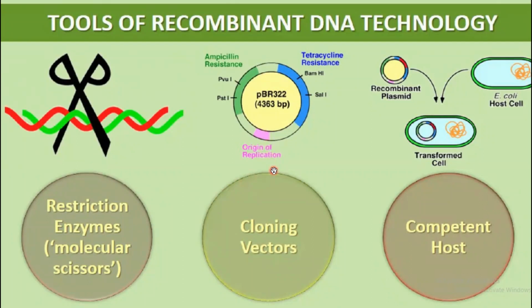And the example for cloning vector, this indicates that pBR322 is a cloning vector. And there is a competent host. Here the bacteria is used as the host. So the three important tools of recombinant DNA technology are, first one is restriction enzyme, second one is cloning vector, and the third one is competent host.